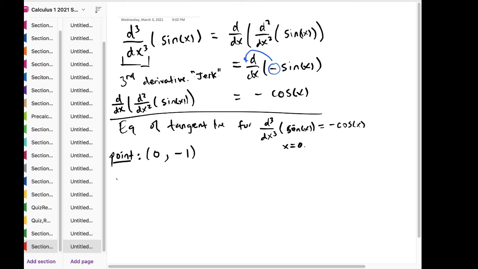So what's the slope? So what's the derivative of negative cosine? Positive sine, yeah, there's negative, negative. And then what happens when you plug in 0?